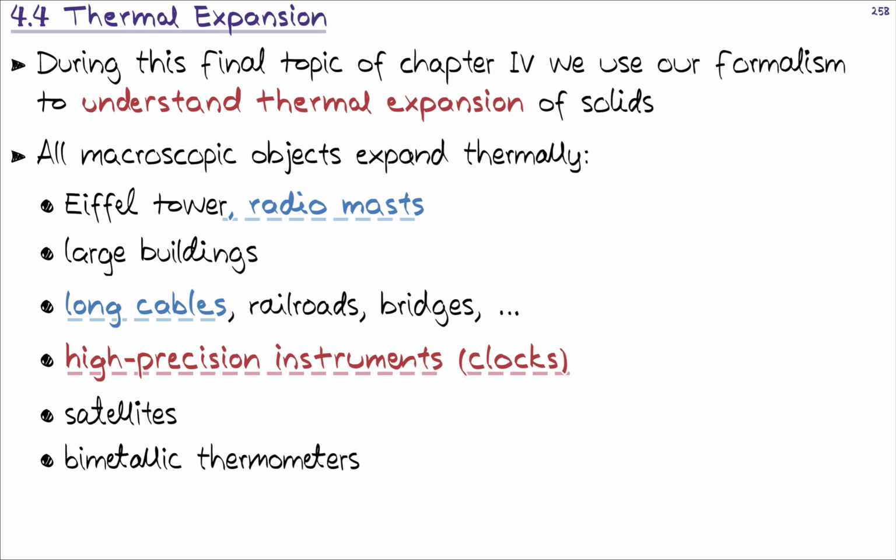Bimetallic thermometers, so essentially those wiggly thingies in our saunas, if you have some, please remember that they are based on thermal expansion. We have two metals, as the name bimetallic suggests, and the thermal expansion of the one metal is different from the other. When they're sandwiched together, the whole thing will curve.